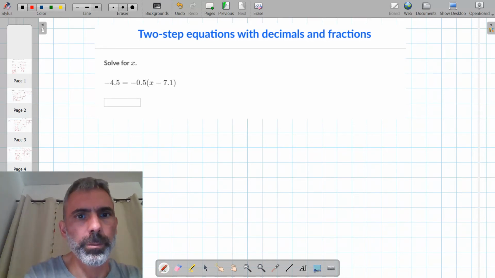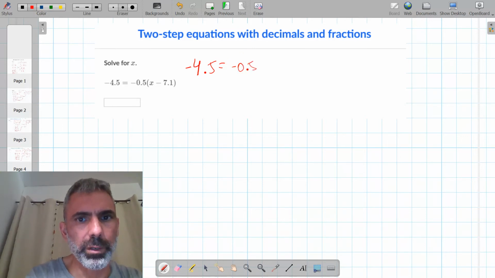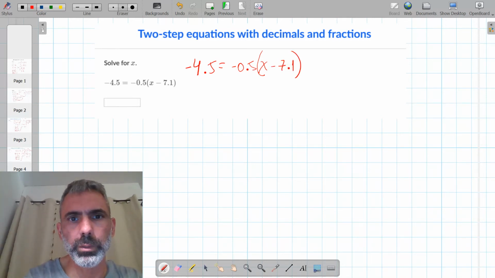Okay, minus 4.5 equals minus 0.5 times x minus 7.1. Okay, so the first thing will be to get rid of the minus 0.5 on the right hand side of the equation.